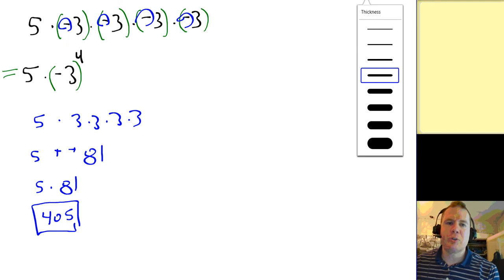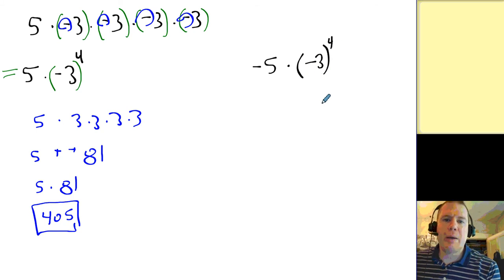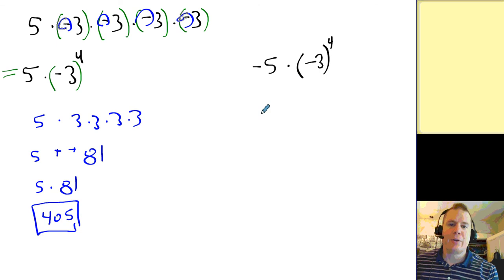If I had a similar looking problem, -5 times -3 to the 4th. It's very common that people will say, oh, negative, negative, that's going to cancel out. But we don't have 2 negatives here. I have 4 negatives here, plus 1 more, for 5 negatives altogether. Right? If I write this out, -5 times 1, 2, 3, 4 negative 3s.